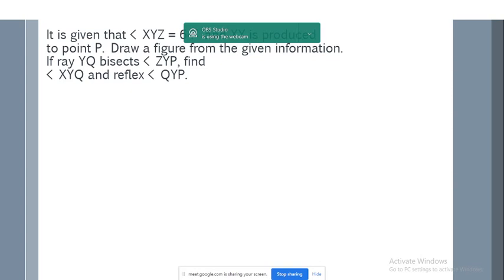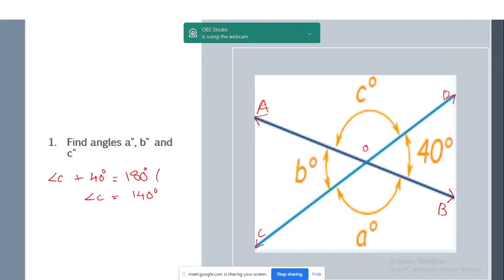You didn't get it, Supraja? I didn't get the answer, ma'am. Okay, try once again then. Try to find all the angles. So did you get angle B? Supraja, did you get angle B?